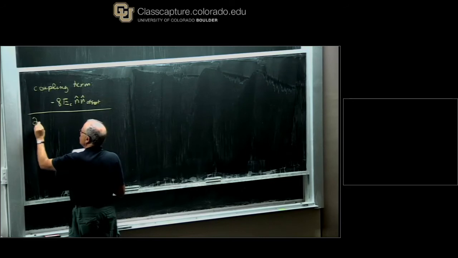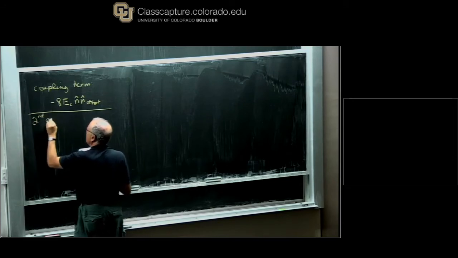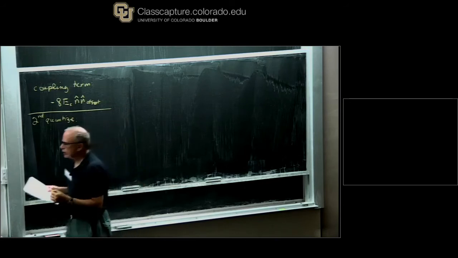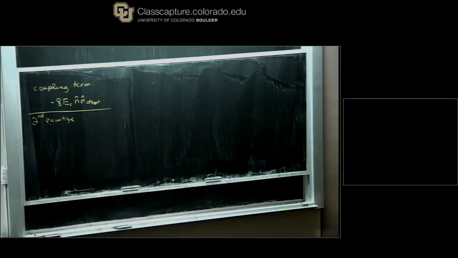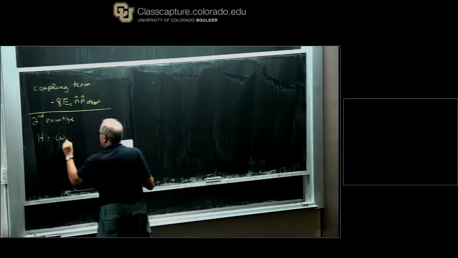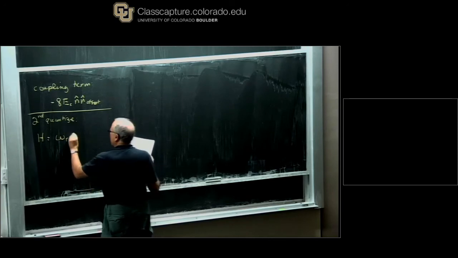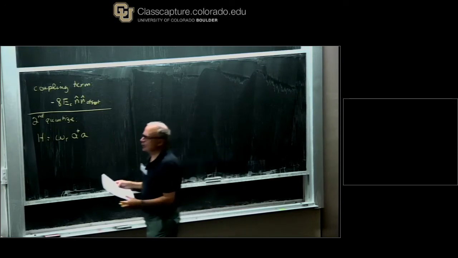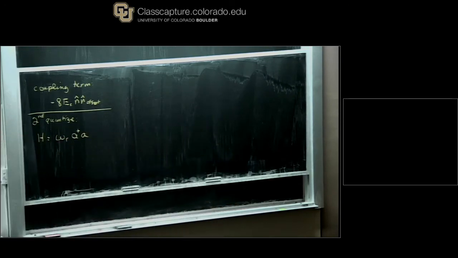And let me quickly get to the answer. I will switch to second quantization partially, in the sense that I will immediately recognize, yes, this is just a harmonic oscillator. So I certainly want to represent that by writing omega r a dagger a, the creation and annihilation operators of the excitations of this part of the circuit.